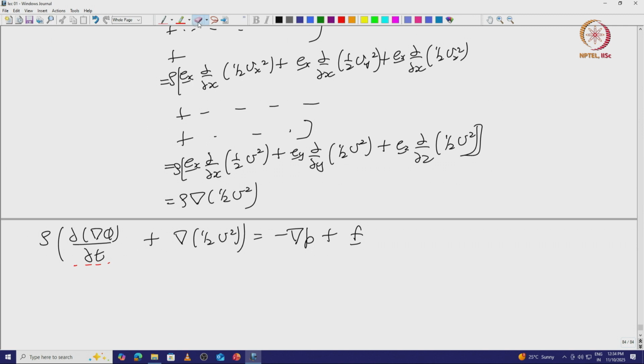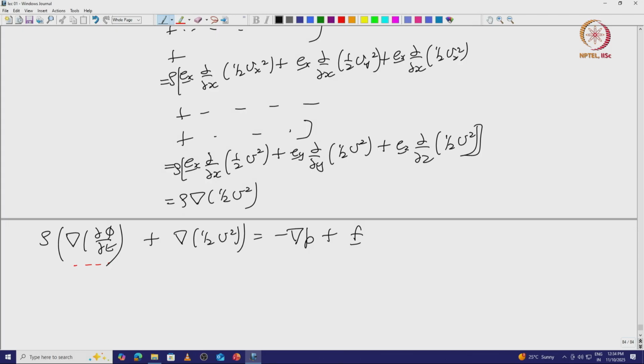Therefore, I can interchange the order of differentiation and write this as gradient of partial phi by partial t.